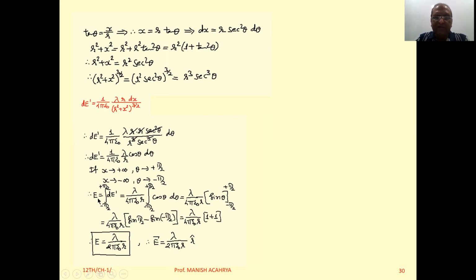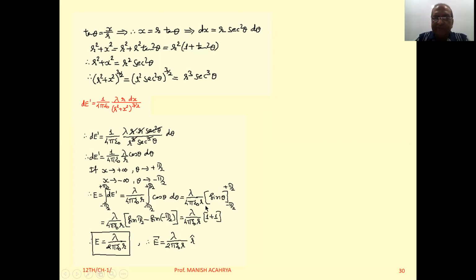So the resultant electric field E is the integration from minus pi by 2 to plus pi by 2 of dE dash. But in that, lambda upon 4 pi epsilon 0 r is constant, so take it outside the integration. Integration from minus pi by 2 to plus pi by 2 of cos theta d theta.